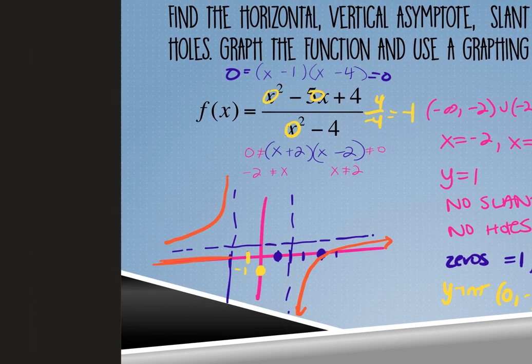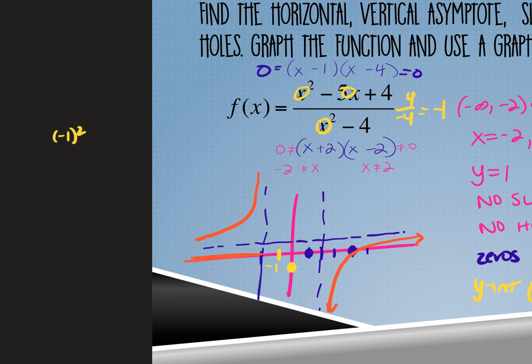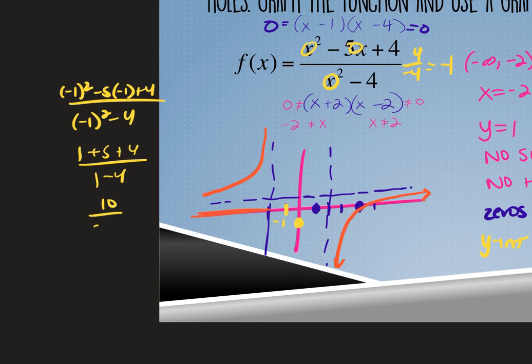So I get negative 1 squared minus 5 times negative 1 plus 4 over negative 1 squared minus 4. 1 plus 5 plus 4 over 1 minus 4. And I get 10 over negative 3, or negative 3 and 1/3.